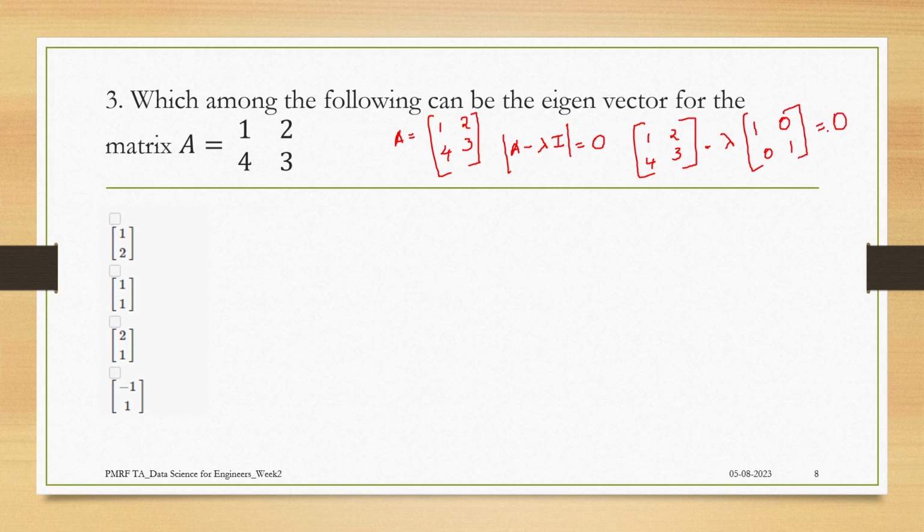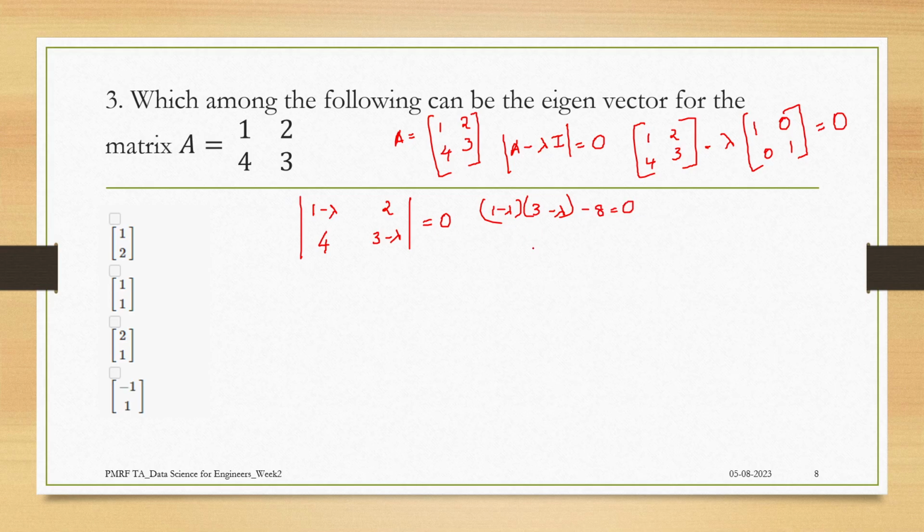What eigenvalues are you getting, if anyone has done it? I'll solve in the meantime. It will be 1 minus lambda, 2, 4 and 3 minus lambda, its determinant equal to 0. That means 1 minus lambda into 3 minus lambda minus 8 equal to 0.